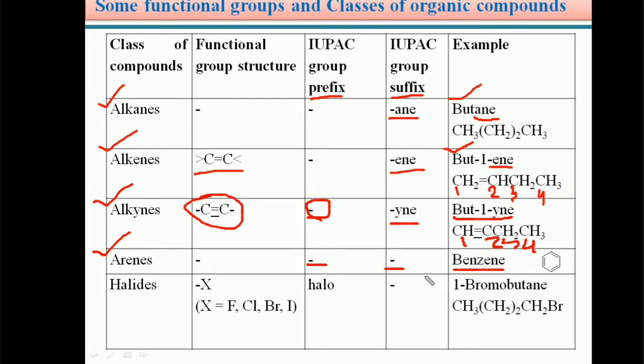We are very familiar with this name, benzene. Its molecular formula is C6H6, and its structure we know, a 6-membered cyclic compound having 3 pi bonds in conjugate position. Conjugate means alternating double bond, single bond, double bond, single bond, double bond, single bond.